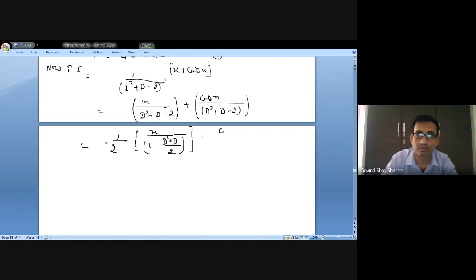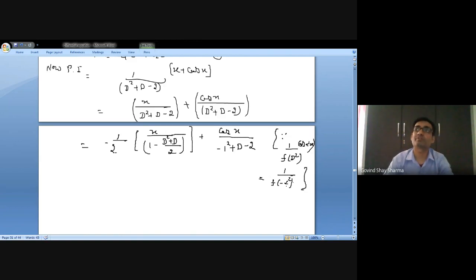Here alpha is equal to 1, so minus 1 in place of D square, plus D minus 2. We know that for 1 upon f of D square with cos alpha x we replace D square with minus alpha square, but f of minus alpha square should not be 0.